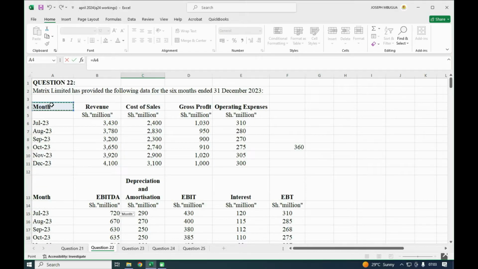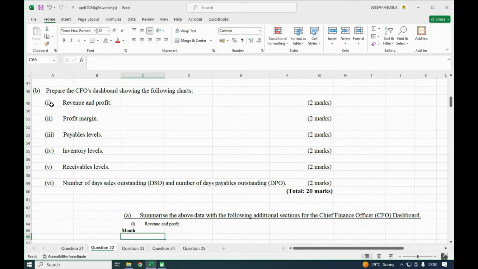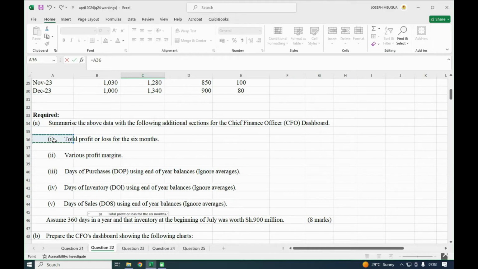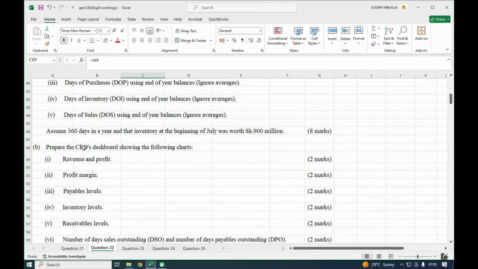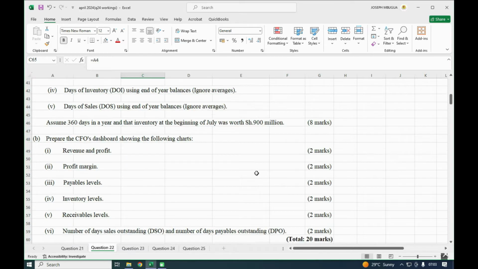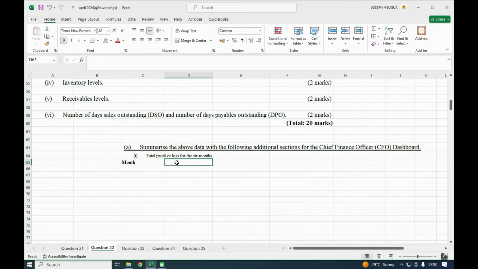What we know is that we have the month. Okay, so the first one should be this one, where we need to prepare the total profit or loss for the 6 months. Total profit or loss for the 6 months.